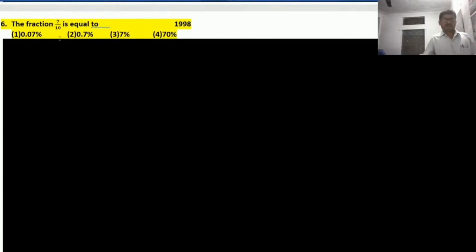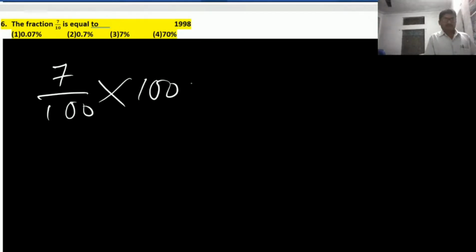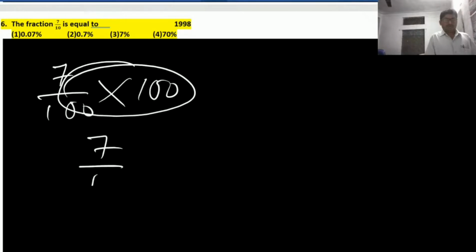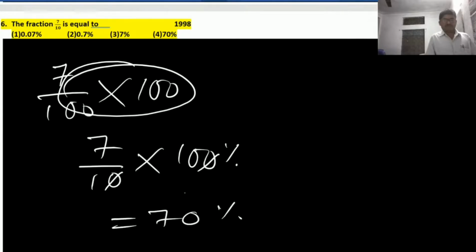The fraction 7 by 10 in percentage is 7 by 10 into 100. 7 by 10 is equal in percentage to 700 by 10, the zero gets cancelled, 70 percentage, option 4.